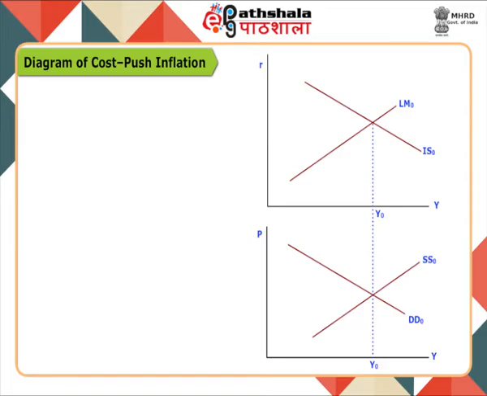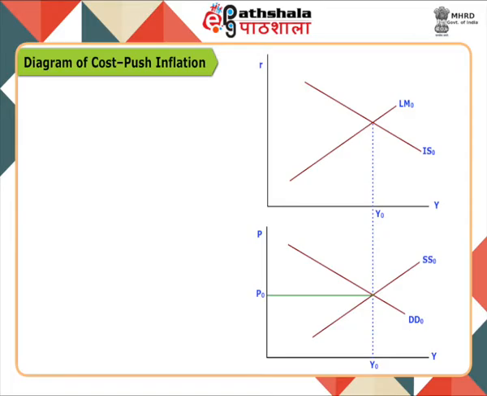This equilibrium is also shown in the lower panel of the diagram, that is at the intersection of the aggregate demand curve DD0 and aggregate supply curve SS0, having an equilibrium level of output at Y0 with price level P0.